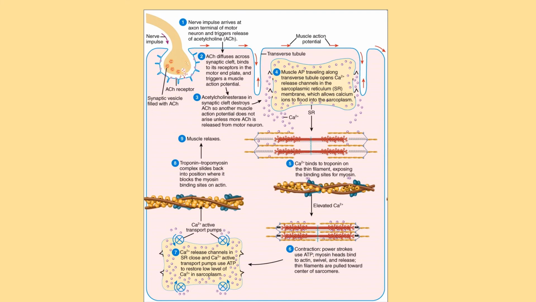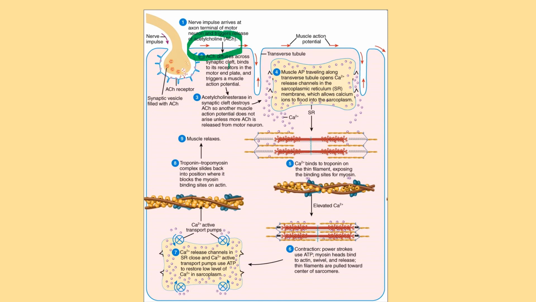But remember, the latent period is a delay between the events that are occurring in the plasma membrane, excitation of the plasma membrane, and actual cell shortening. So if we think about what's going on up here, here's the initiation of the action potential in the plasma membrane of the muscle cell.